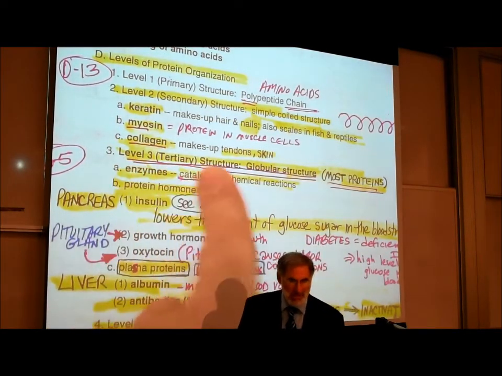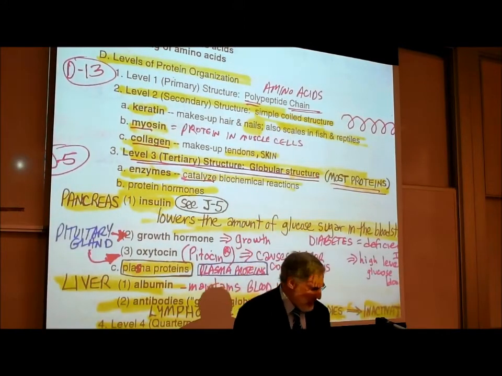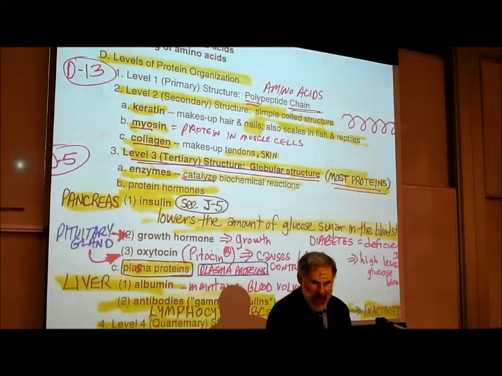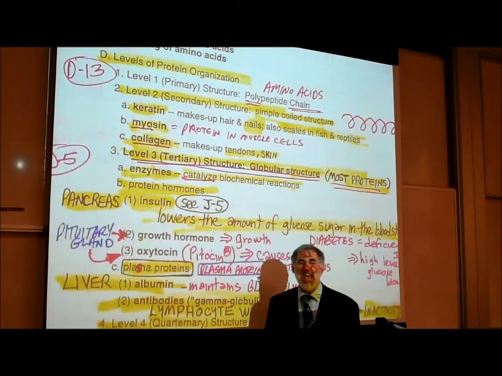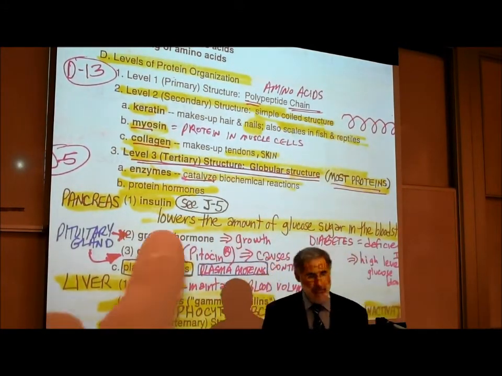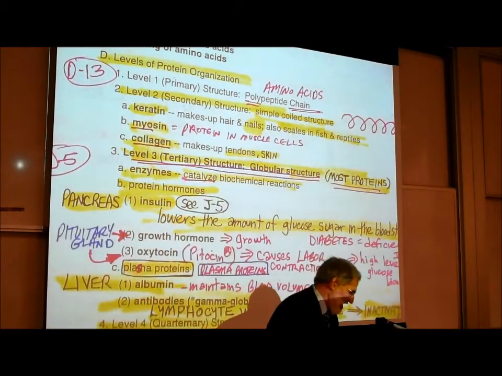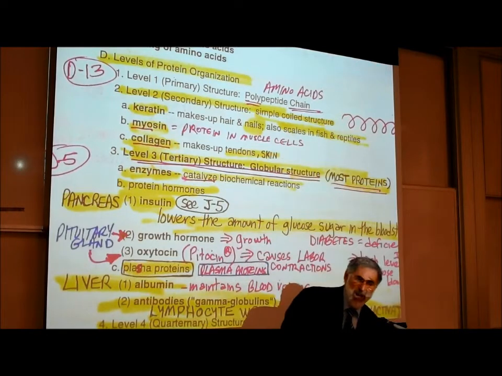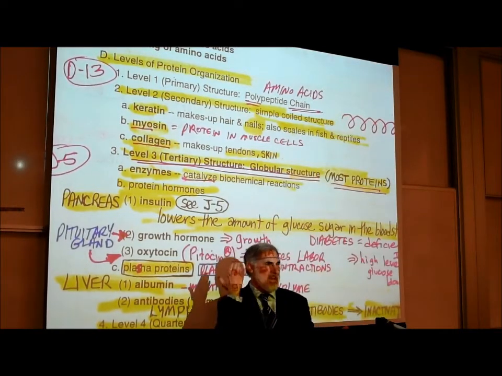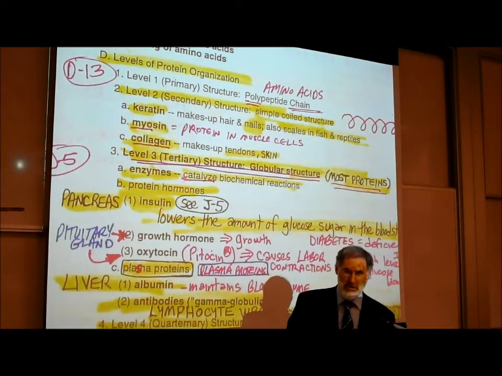In its third level of complexity, it looks like a big messed up slinky, and this is what most proteins look like. All the enzymes in our body are proteins that have this complex coiled shape, and enzymes are proteins that catalyze biochemical reactions.